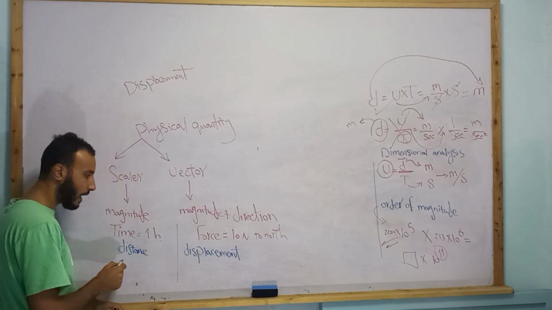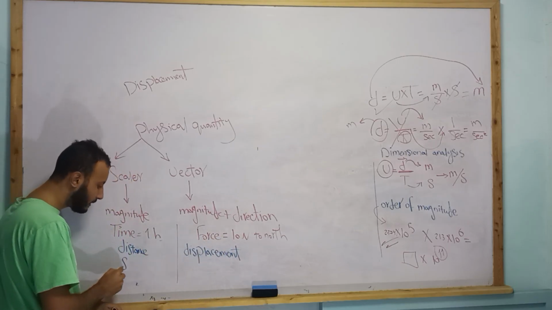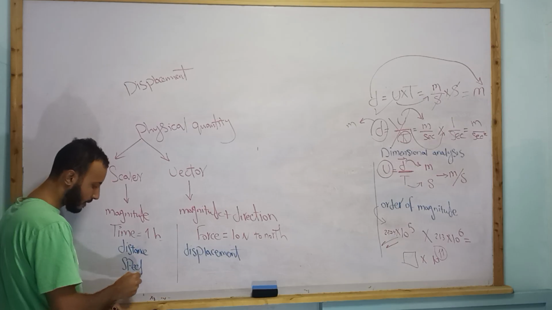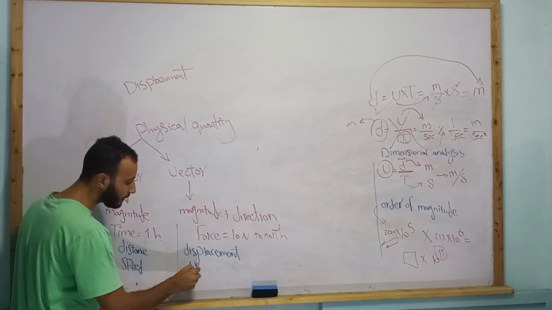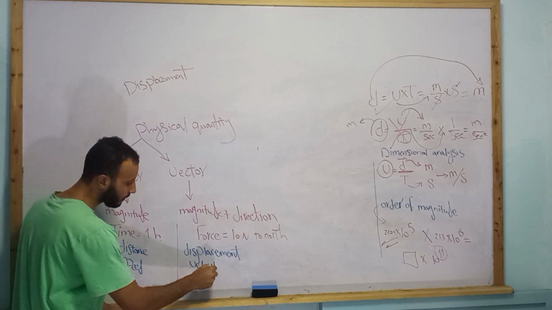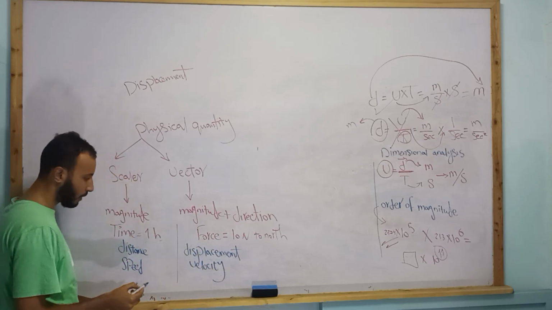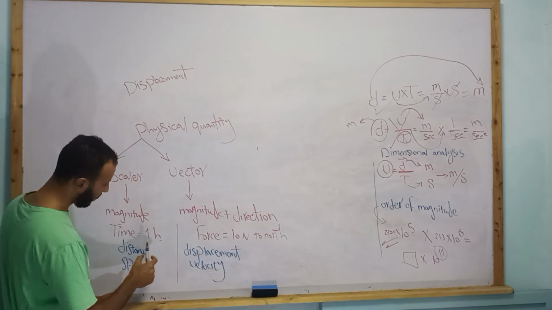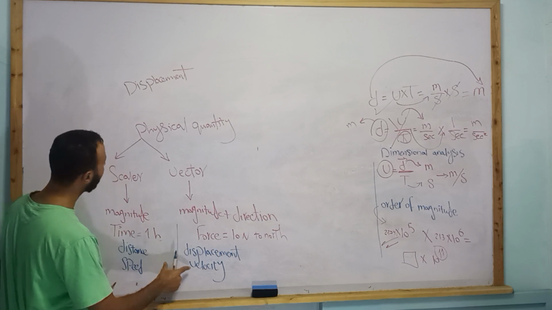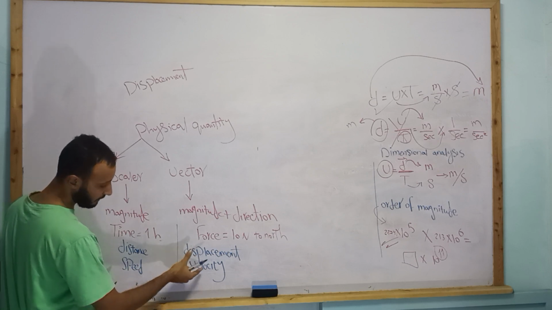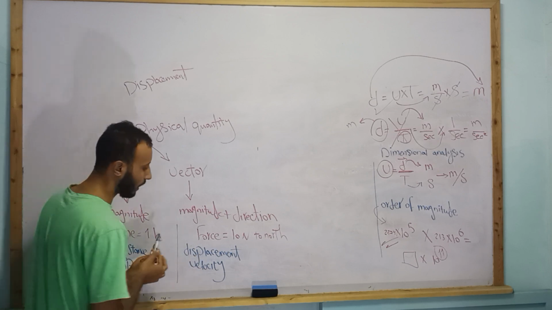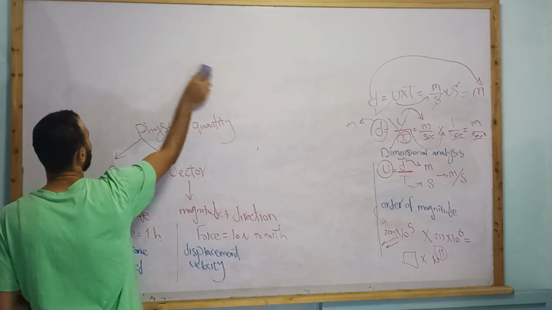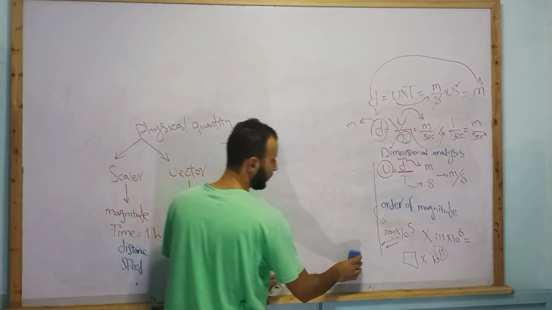Here we have something called speed, and here we have something called velocity. So let's know the difference between distance and displacement and speed and velocity. I write it just here.